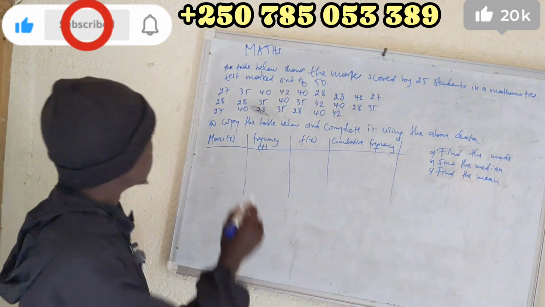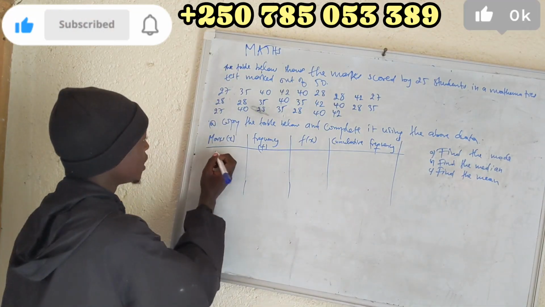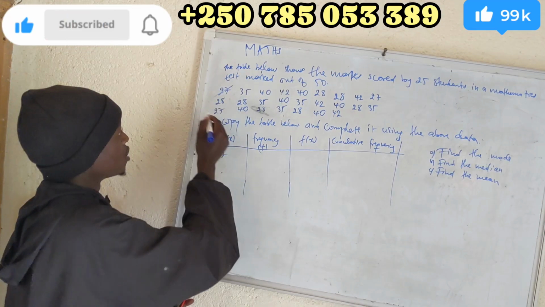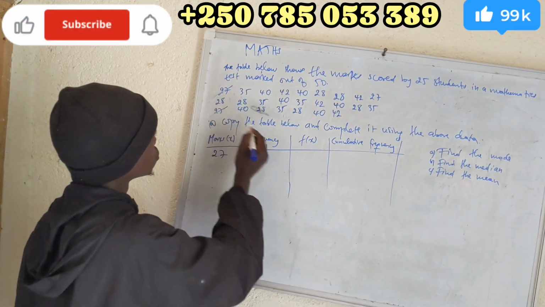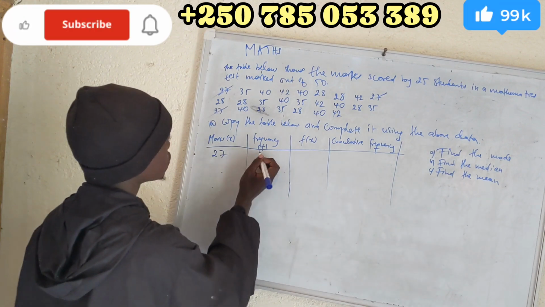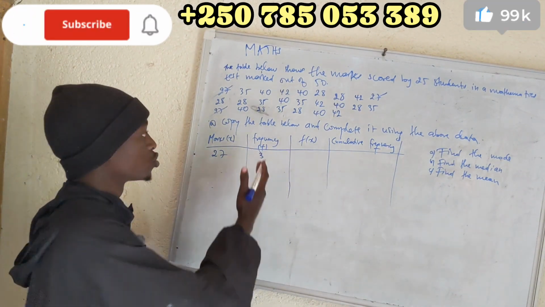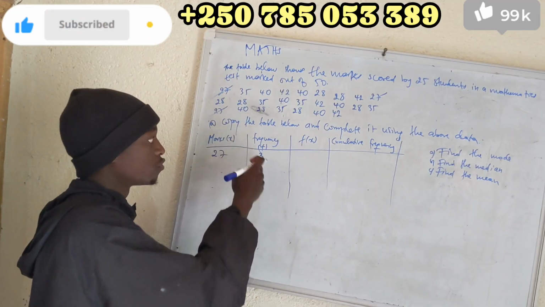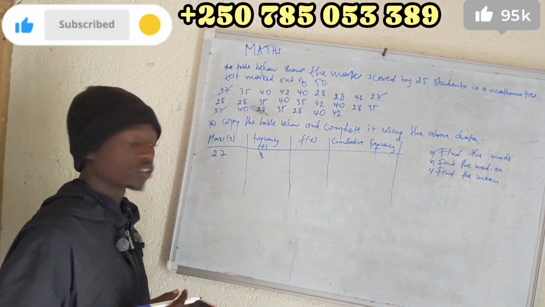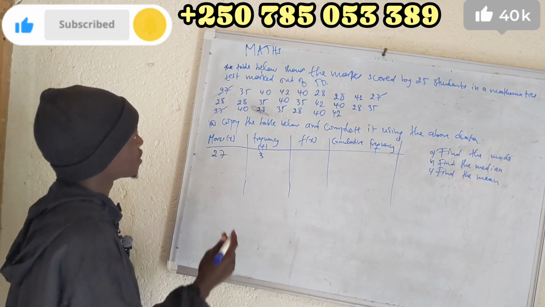For example, the number of students who scored 27. You have 27, one student, the second one, two, three. We have 3 students. We put the number of students in the frequency column. So there are only 3 students who scored 27 marks.